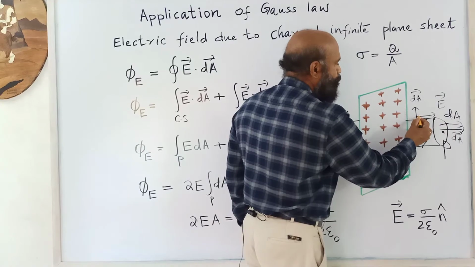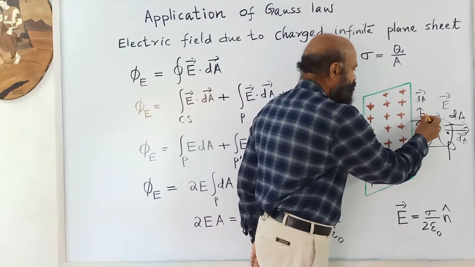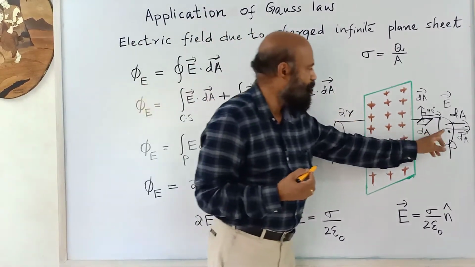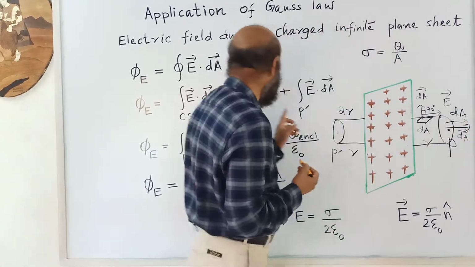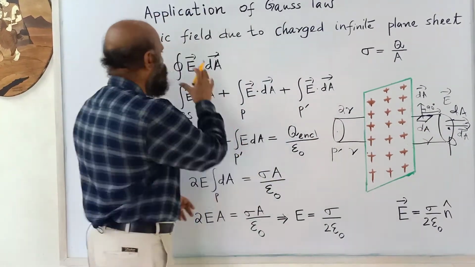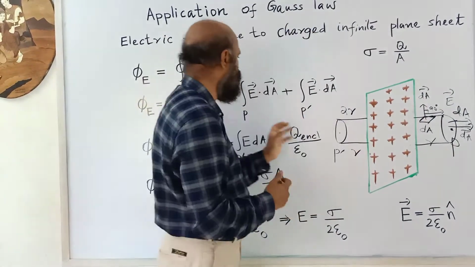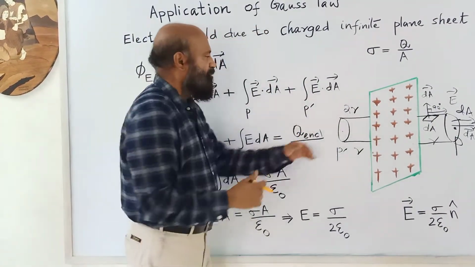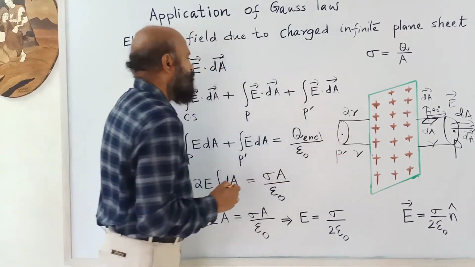So here the angle between the electric field and the area vector is 90 degrees. Then on this side, the dA vector is acting that side and the electric field is also acting that side. So it can be written as the sum of three terms: on the curved surface, this side, and this side, P dash. Here this point is P dash.